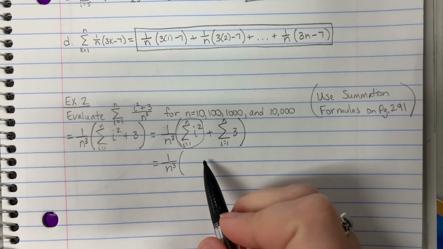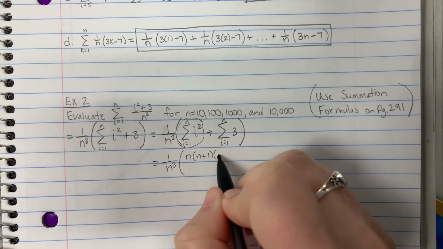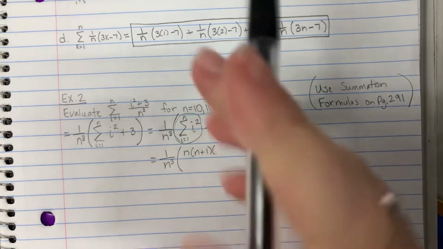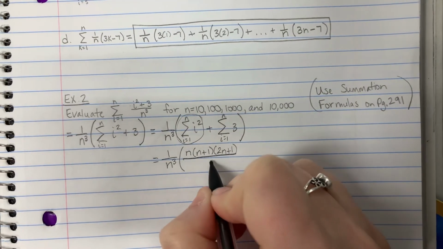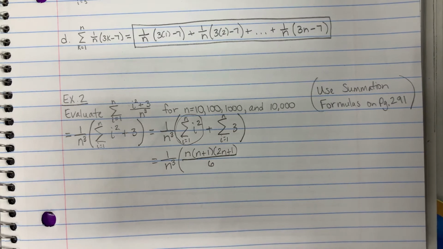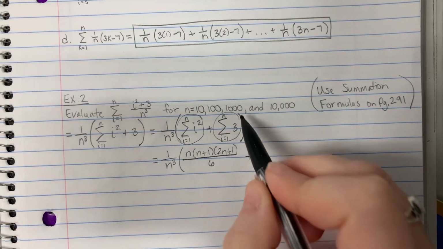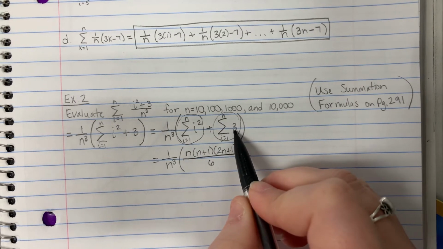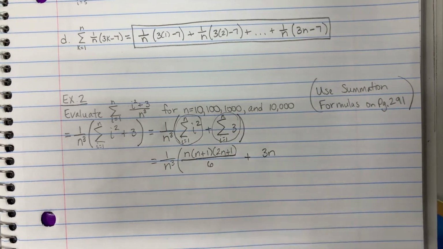So that ends up this. N times n plus 1 times 2n plus 1 all over 6. Plus this piece right here, this is a constant. Remember, the constant ends up that constant times n. So this is really plus a 3n.